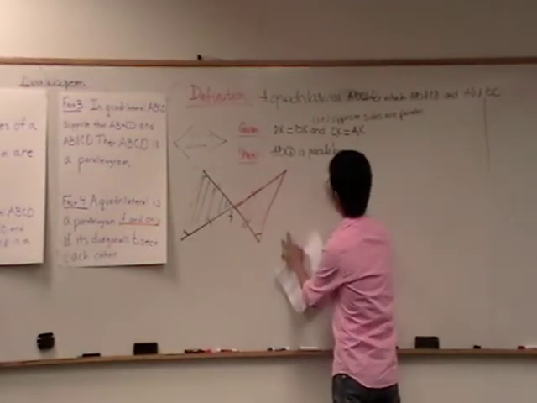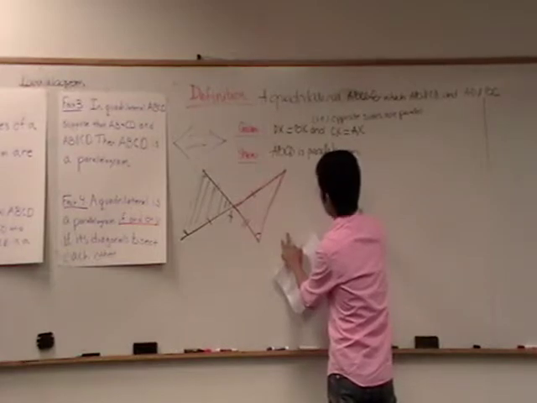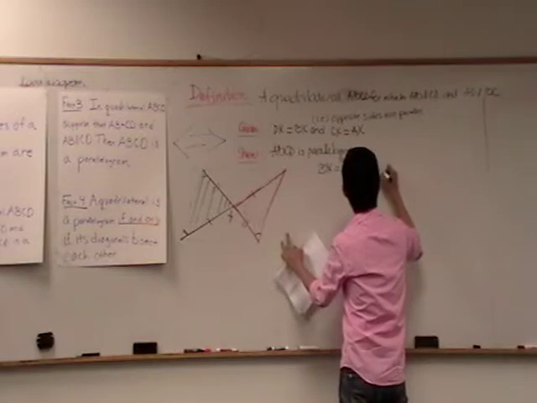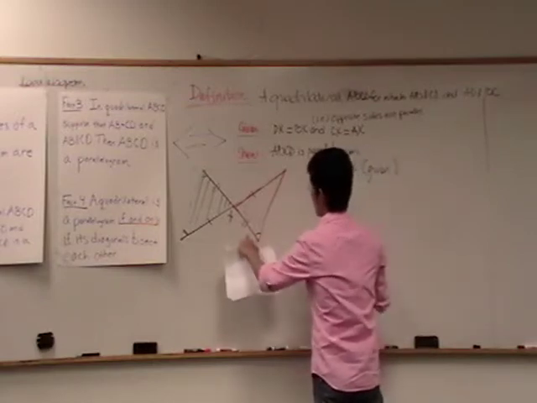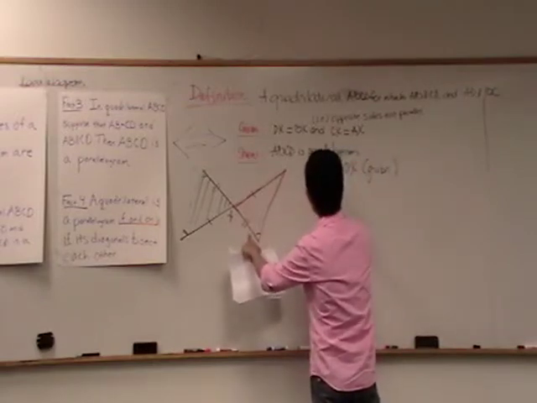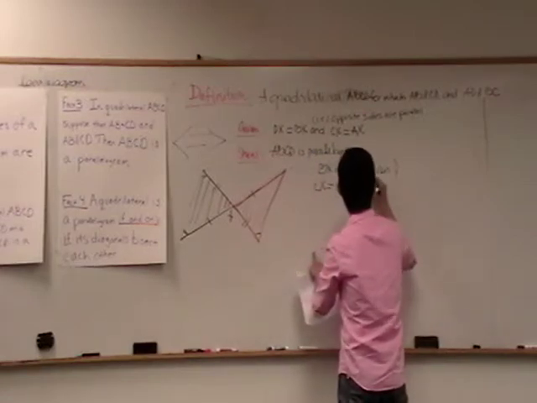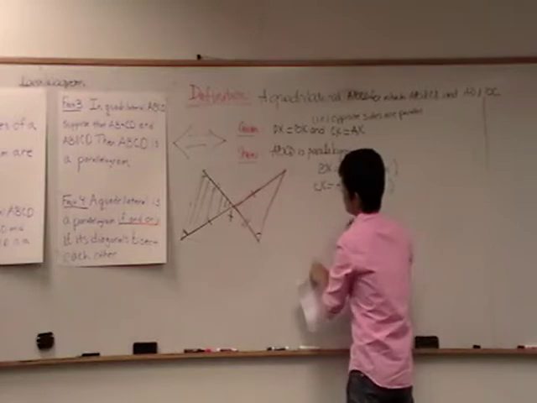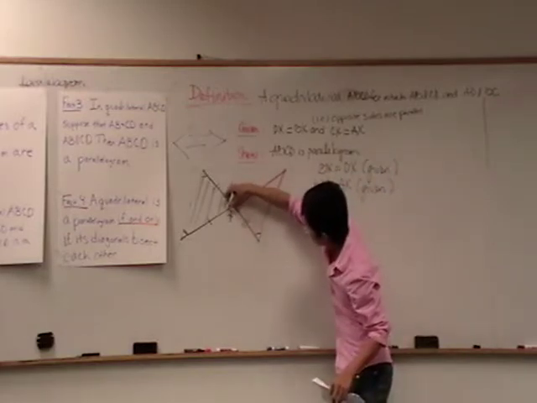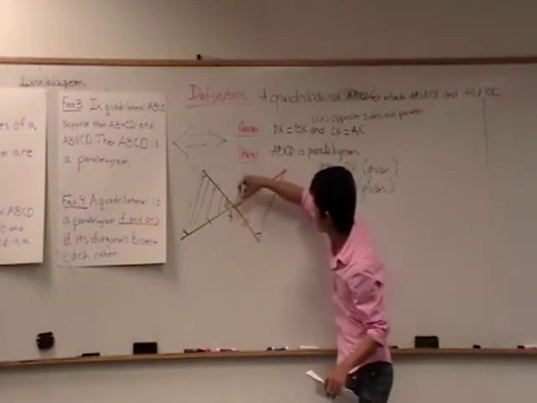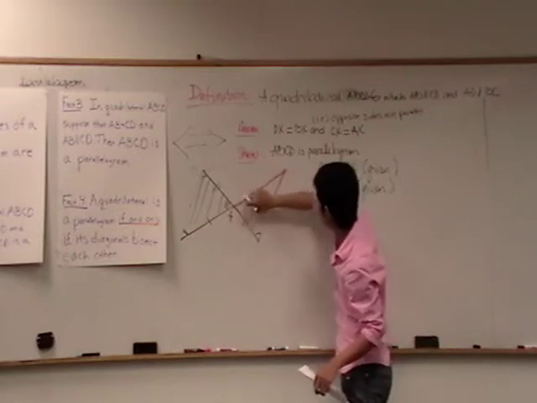So what we have, BX equal DX, that's given, and CX equal AX, given, and we have this angle AXD equal to angle CXB.